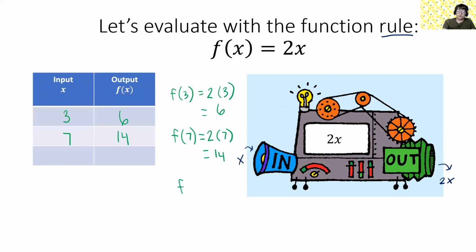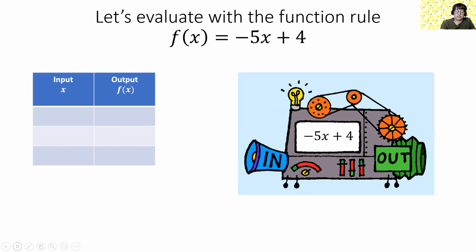And let's do one more. How about -1? So I'm going to input -1 into my machine, and I'm going to perform the rule. And on the other side, I'm going to get -2. So this is a really simple rule, but keep that visual of a machine when we get to our next slide where it's a little more complicated.